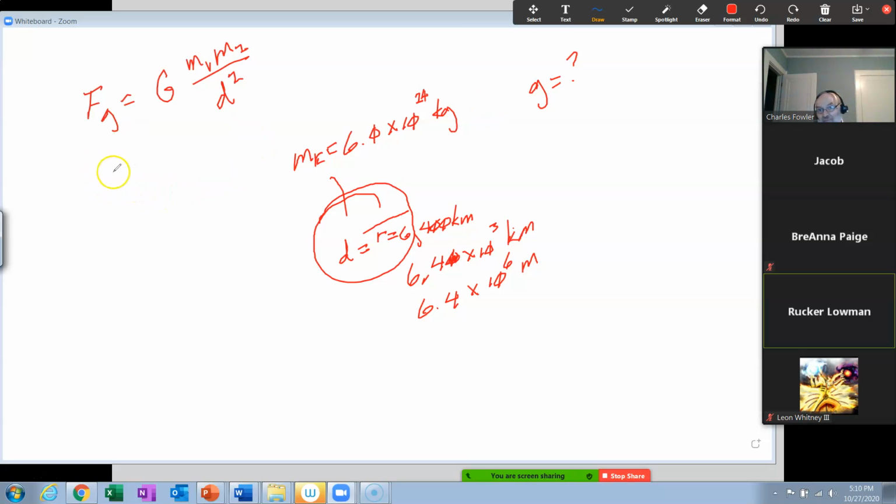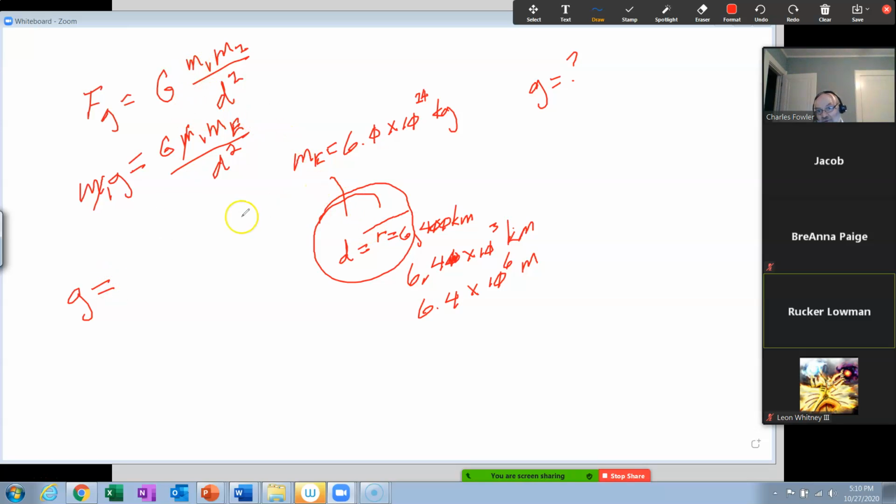So that force due to gravity is, let's call it m1 g. So m1 g is equal to capital G times m1, and this second mass is the mass of the Earth, divided by d squared. Well, the first thing we're going to do is divide out the m1s, because that's the same on both sides.